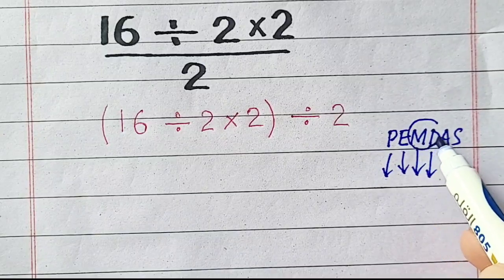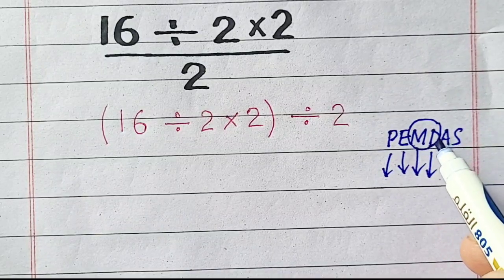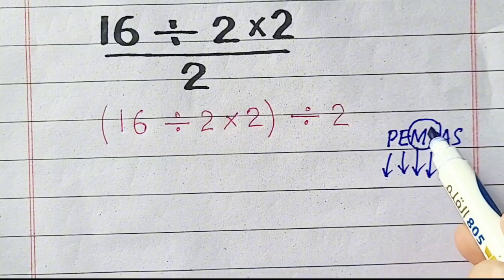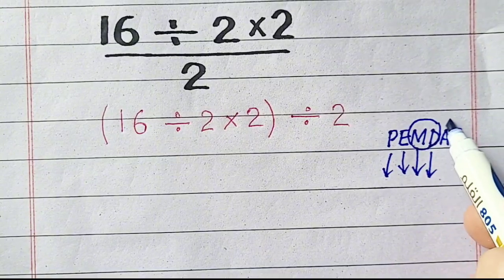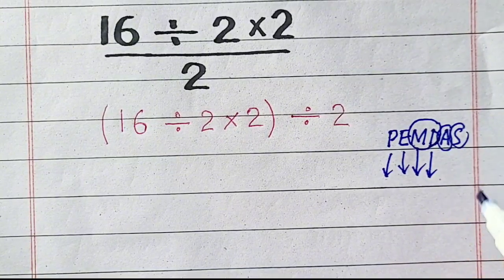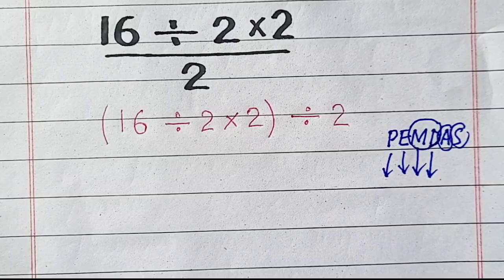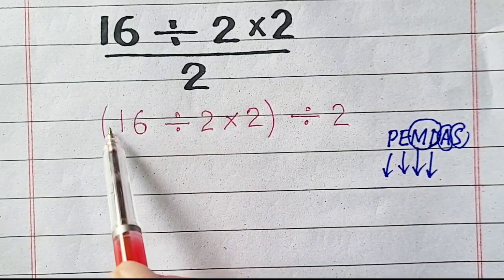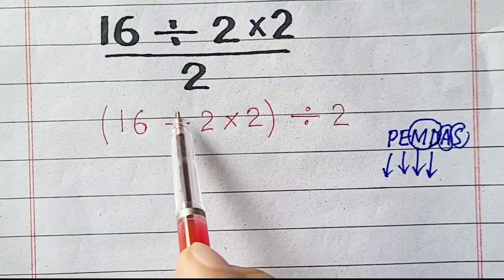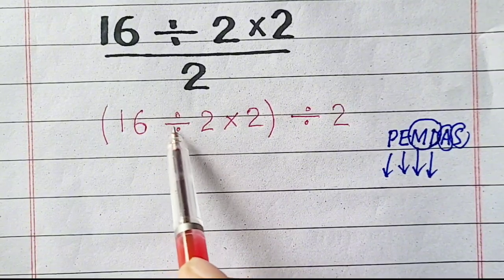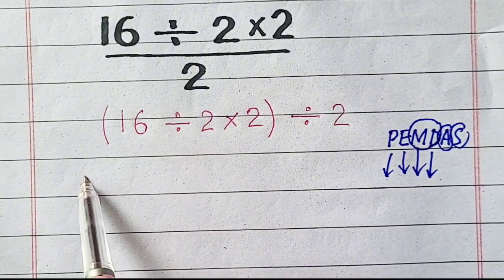And this is similar, and we will prefer the term which is on the left side, then addition and subtraction. So here we will prefer the operation of division which is on the left side.